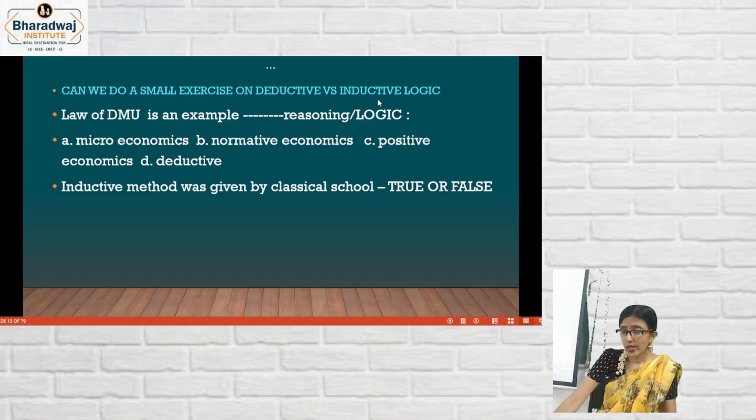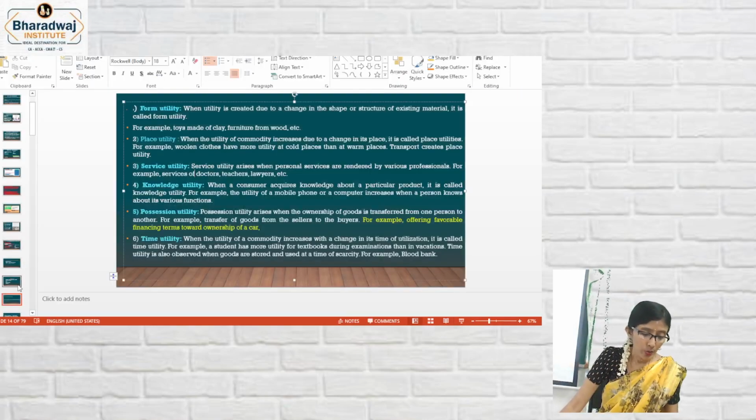Reasoning, logic. So the option should be deductive or inductive. So this is very important. Here, the mistake lies in the options which are given. The options are tricky. When people see microeconomics, they tick microeconomics. So my dear students, where the complexity lies here is the choice of the options. So please look at this.